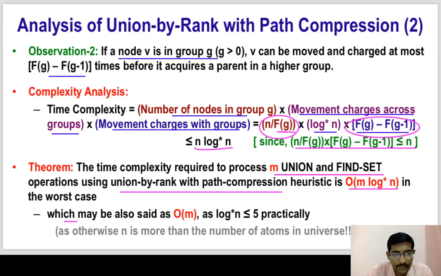Which sometimes may also be said as order of m, that is order of the number of operations, because log star n is practically less than 5. On a lighter note, n would have to be more than the number of atoms in the universe for log star n to be more than 5.